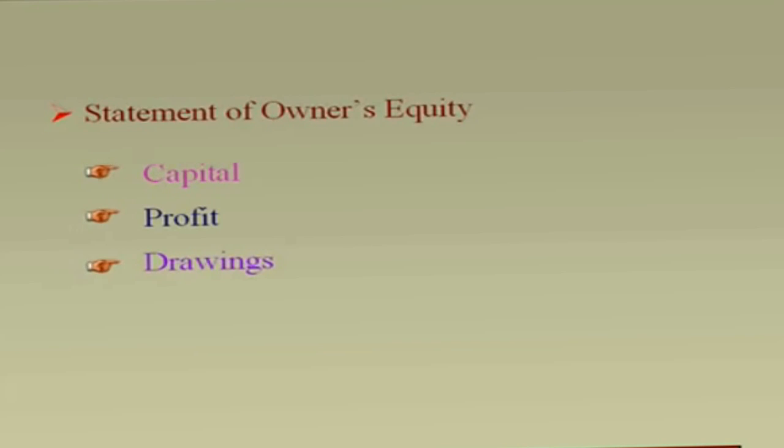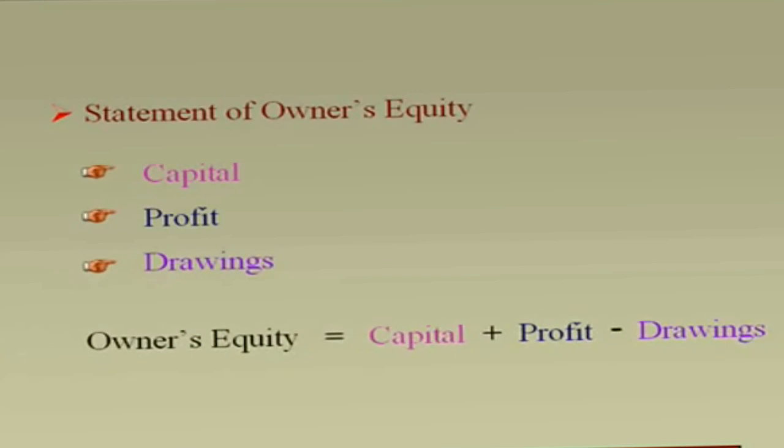So I'm going to show you another accounting equation, which is owner's equity, or equity as we called it before, is capital plus profit less drawings. So let me repeat. Equity is capital plus profit less drawings.